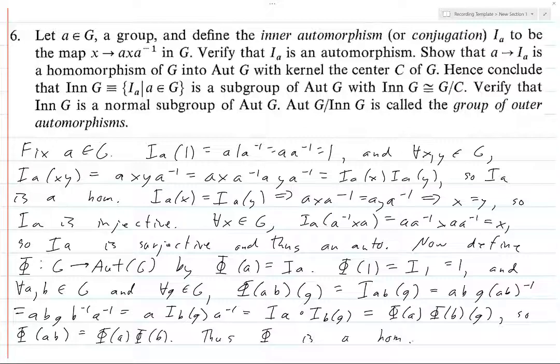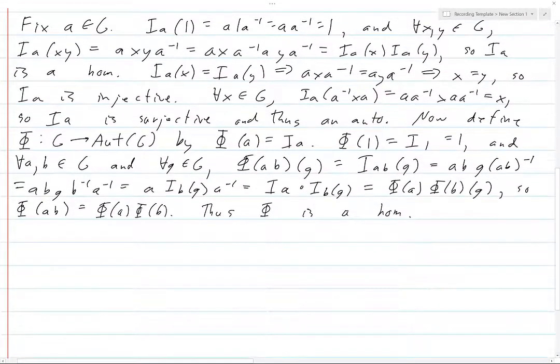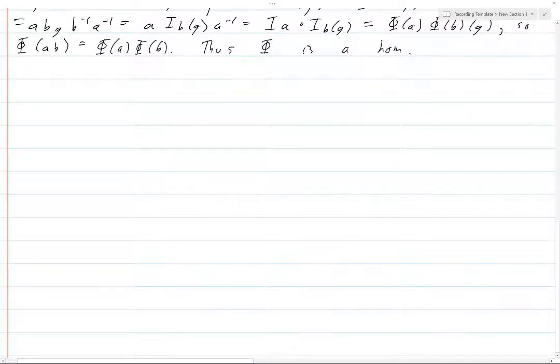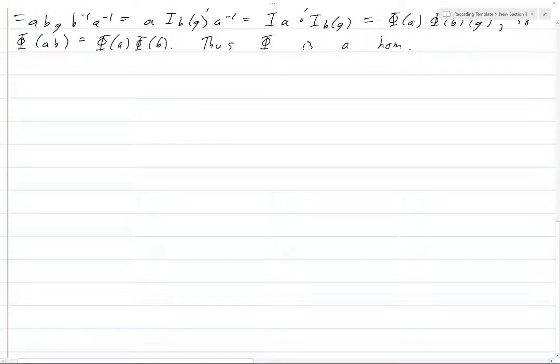So now we want to prove that the kernel is the center of G. All right. Now claim: the kernel of phi is the center of G, which I will denote by Z. You could also say this is the centralizer of G, right?